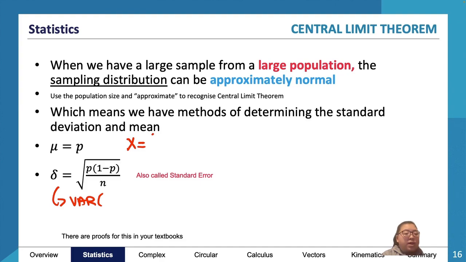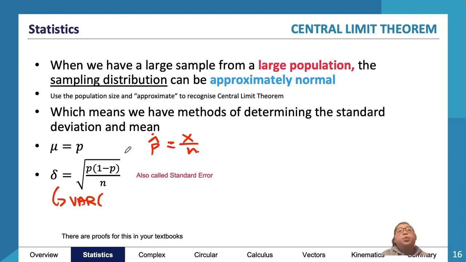What you're trying to find is your p hat, which is going to equal x over n, right? So your E of x will be equivalent to just p, because remember, if you use binomial, it's np that gives you the mean, and therefore if you divide it by n, you just get p.